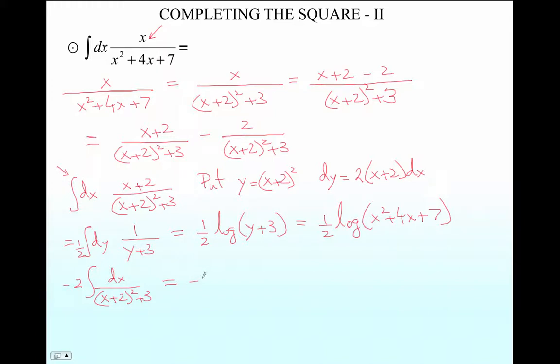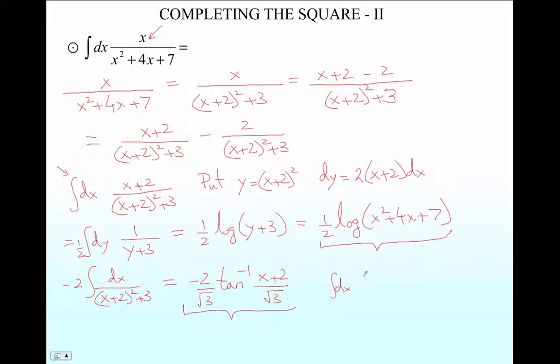We know that the answer then is minus 2 over square root of 3 tan inverse x plus 2 over square root of 3. And so therefore, we have that the required integral is the sum of this and this.